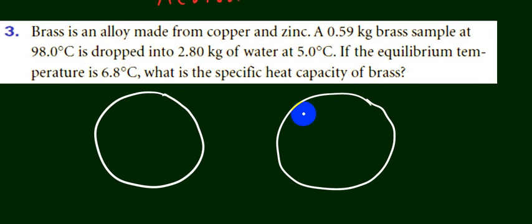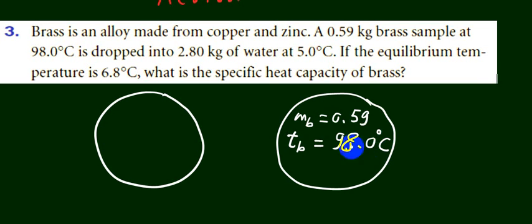Given that the mass of brass equals 0.59 kilograms and its temperature T brass equals 98.0 degrees Celsius, and the mass of water equals 2.80 and the temperature of water equals 5 degrees Celsius.